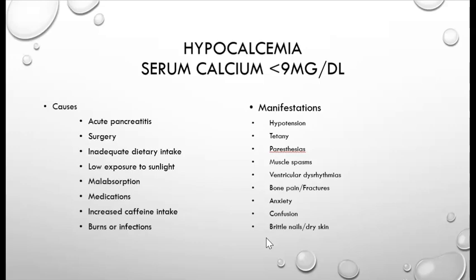Nerve muscles are stimulated, causing dysrhythmias like ventricular tachycardia or cardiac arrest, and decreased cardiac output. Numbness and tingling around the mouth, hands, and feet, and laryngeal spasms, airway obstruction. So those are all things that you're going to be looking at with these.